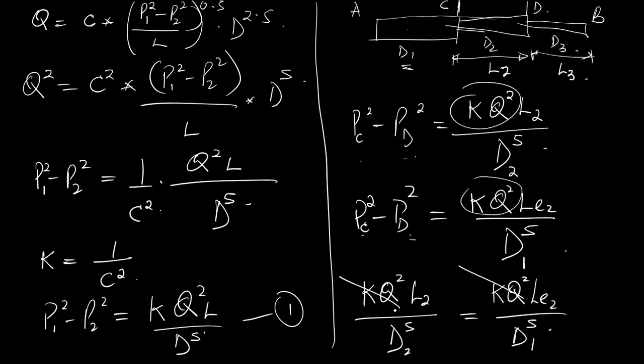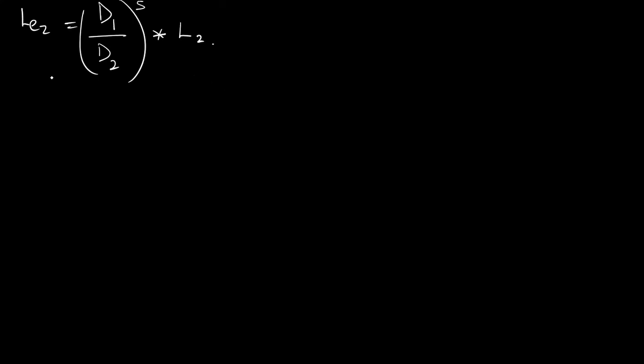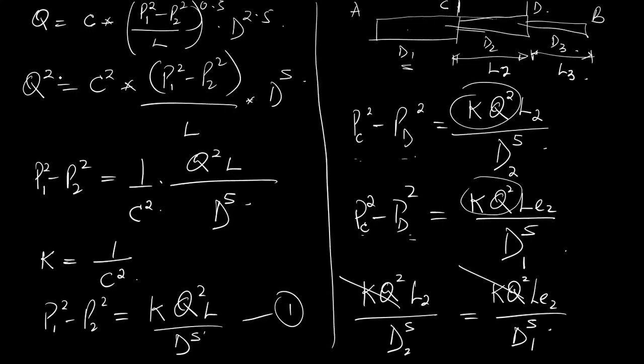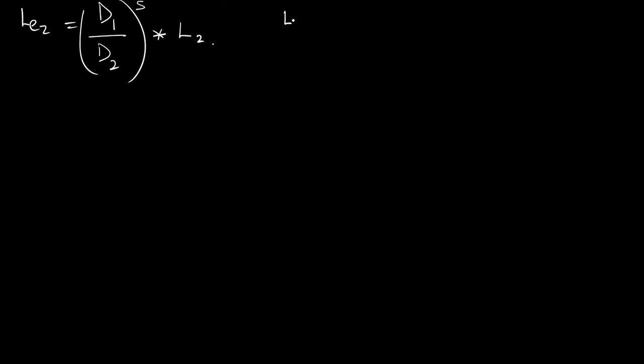From here, when we cancel out this, you have L2 all over D2 raised to power 5 equal to LE2 divided by D1 raised to power 5.